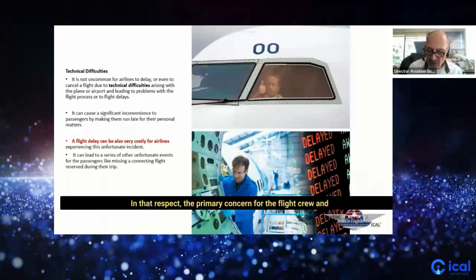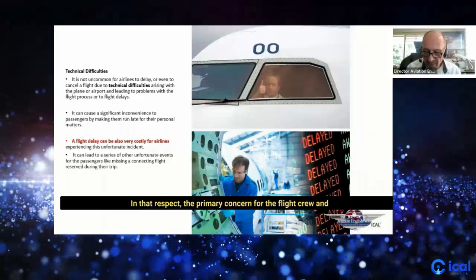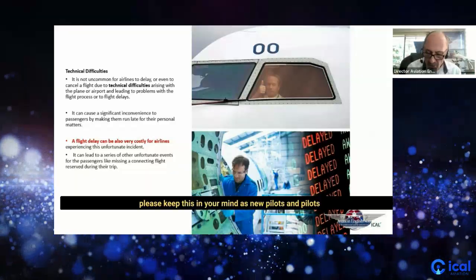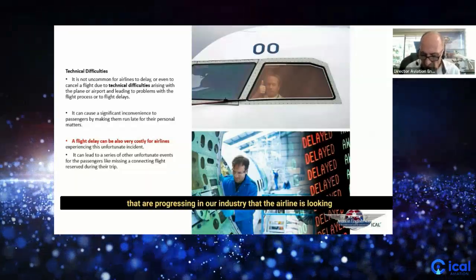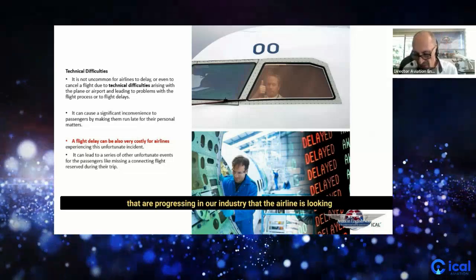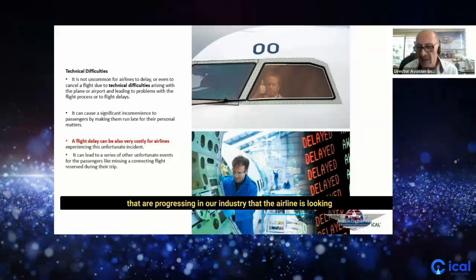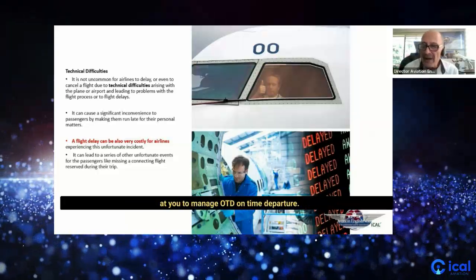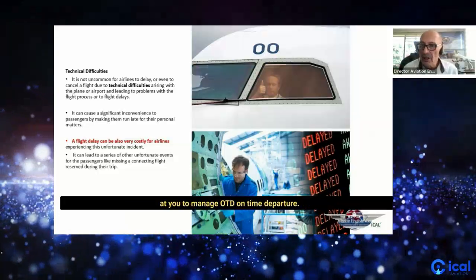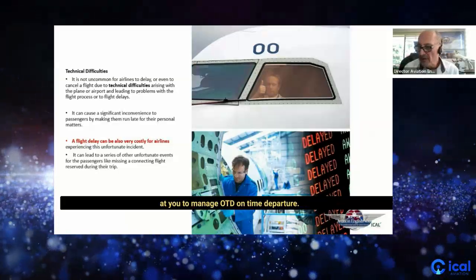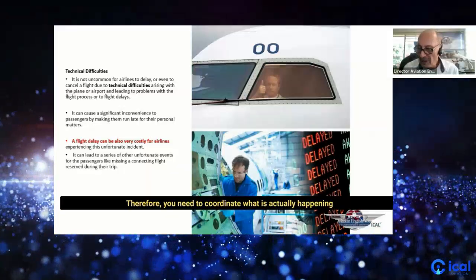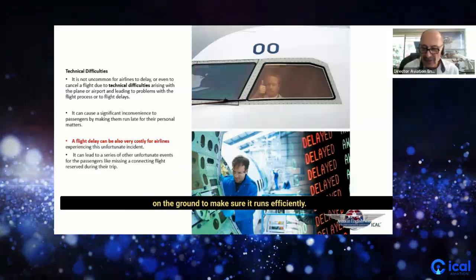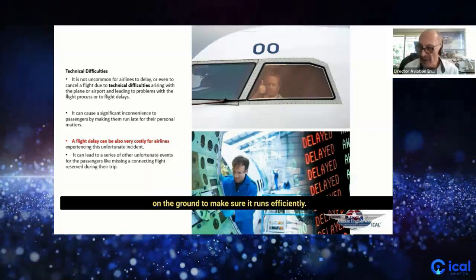The primary concern for the flight crew, and please keep this in your mind as new pilots and pilots that are progressing in our industry, that the airline is looking at you to manage OTD, on time departure. Therefore, you need to coordinate what is actually happening on the ground to make sure it runs efficiently.